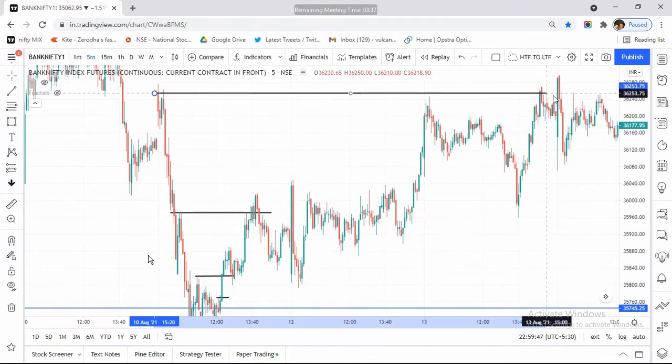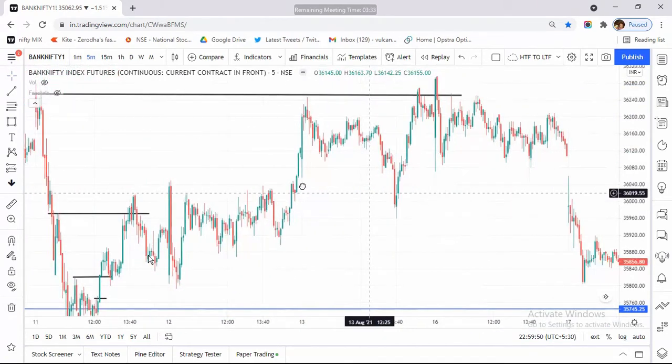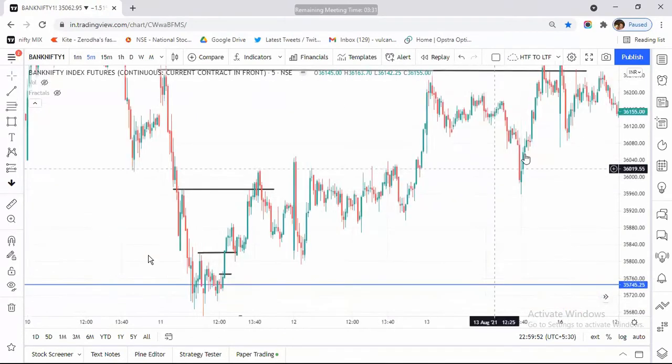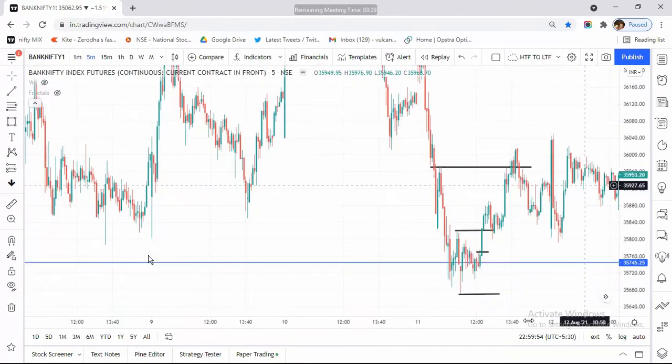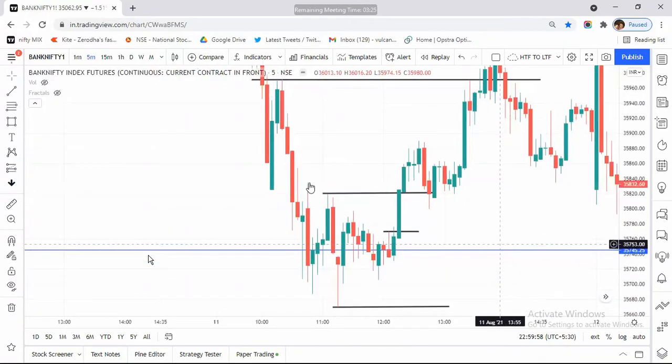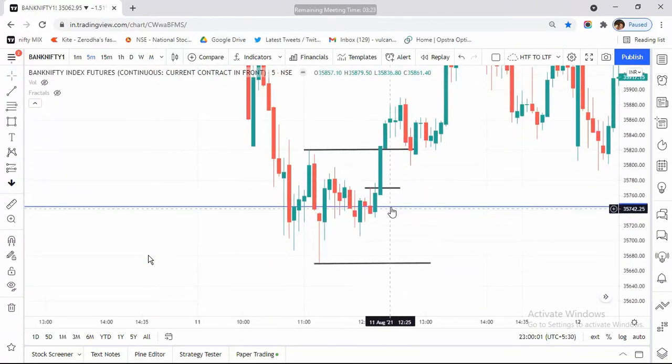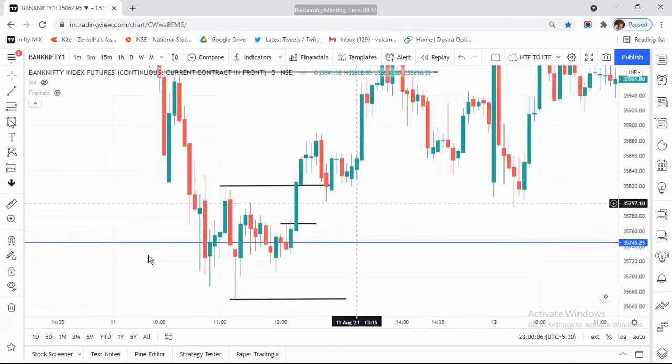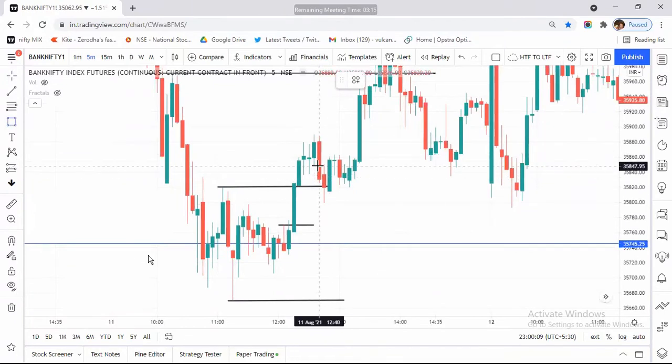Consider bodies. See what happened? Now, when I was sure from these swings and the 50 that the market goes up, I will buy the market after seeing an order block.